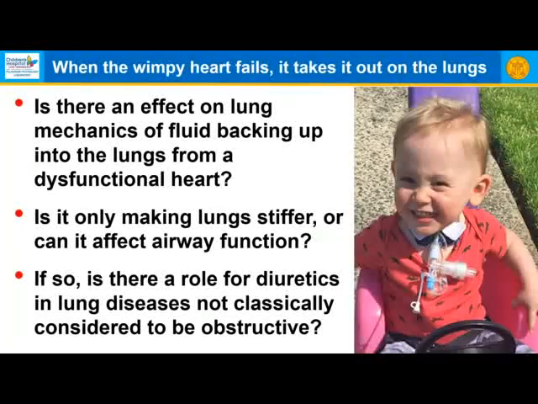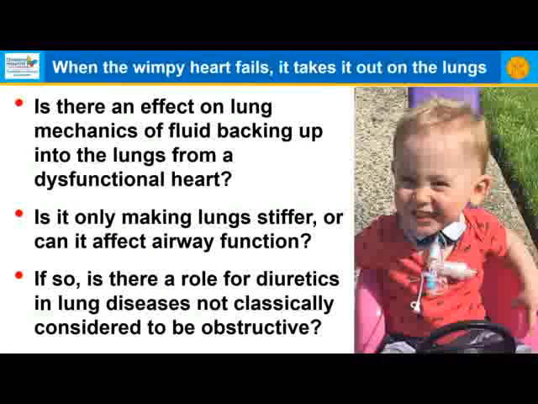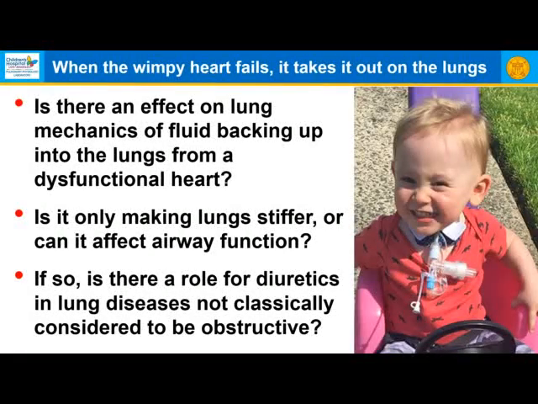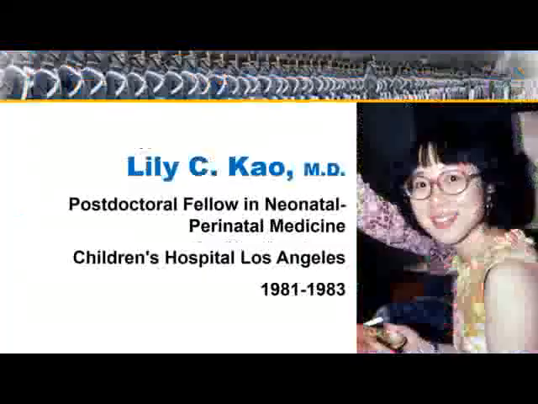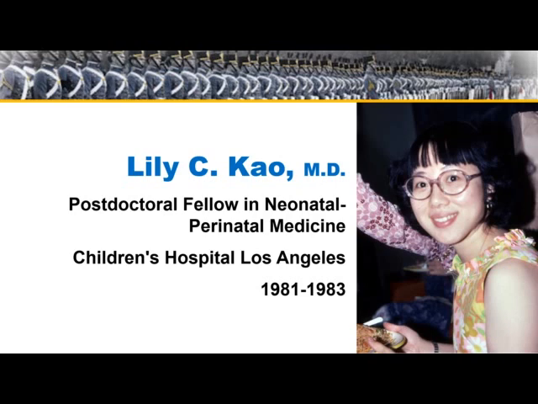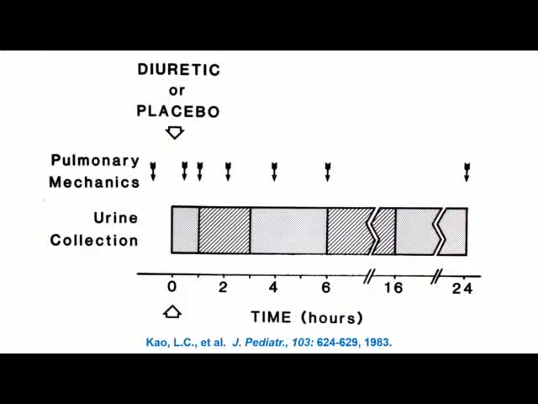Is there an effect on lung mechanics of fluid backing up into lungs from a dysfunctional heart? Is it only making lungs stiffer, or can it affect airway function? If so, is there a role for diuretics in lung diseases not classically considered to be obstructive? So Lilikow, who was a postdoctoral fellow in neonatal perinatal medicine here at Children's Hospital Los Angeles, 1981 to 83, did a couple of important studies.